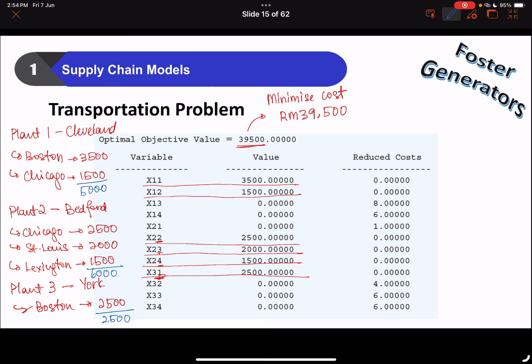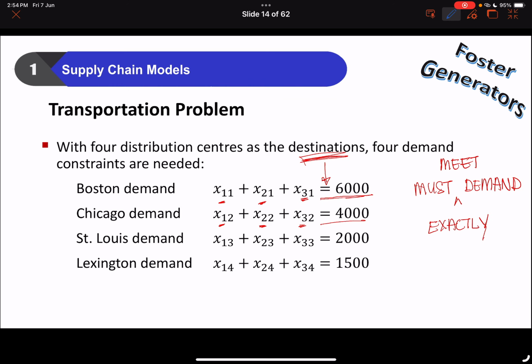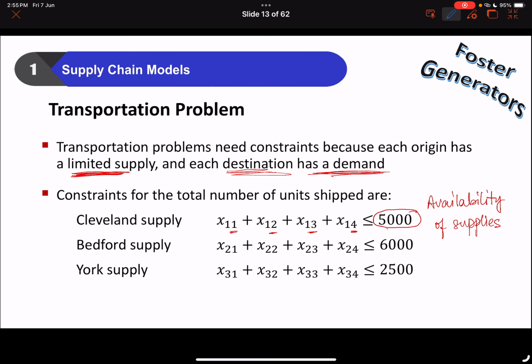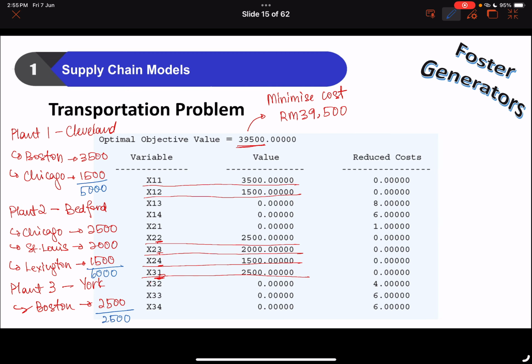Did we meet the supply? 5,000, 6,000, and 2,500. So this is the supplier side. The suppliers have sent out based on their availability.